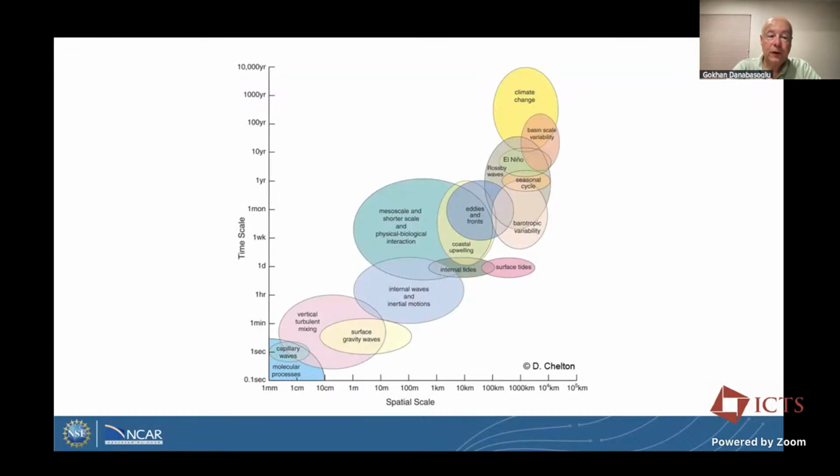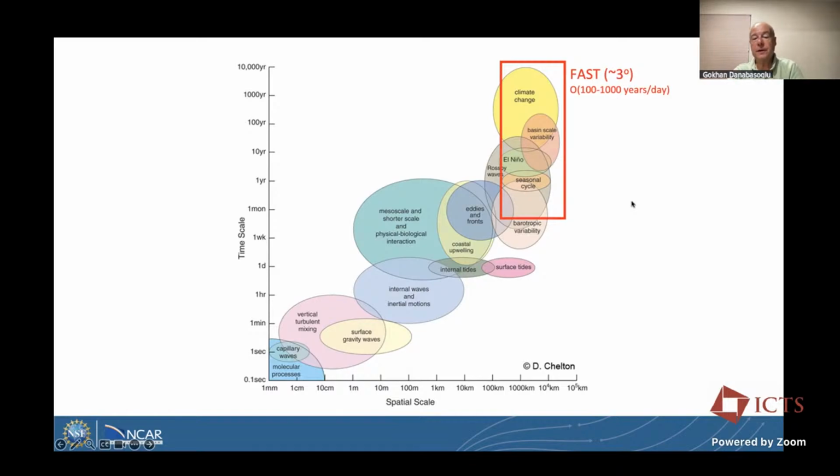This is again showing time scale in the vertical axis and spatial scale in the horizontal axis, and various processes and phenomena are included in this plot. If we approximately frame the temporal and spatial scales that are resolved or contained within various model resolutions, this one is the nominal 3-degree horizontal resolution version of the model.